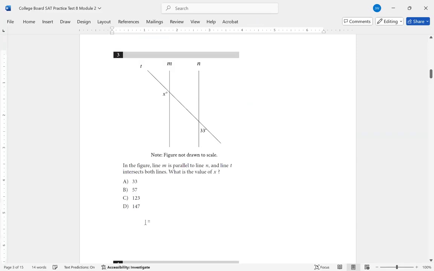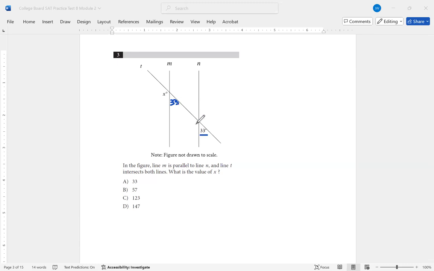Question 3. In the figure, line M is parallel to line N, and line T intersects both lines. What is the value of X? Now, one of the things about parallel lines is that all of these angles have to be the same. So if this is 33 degrees, then this angle here is going to be 33 degrees. That's a consequence of being parallel.